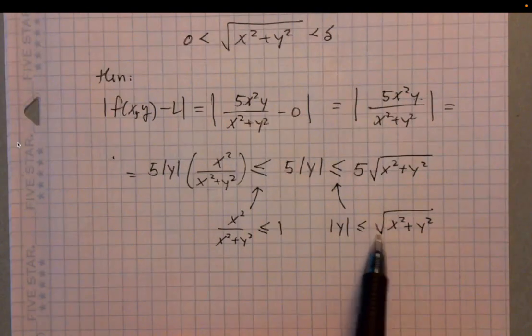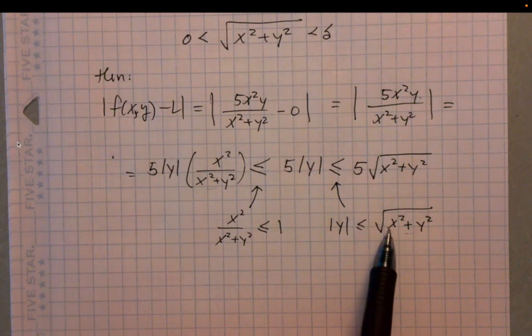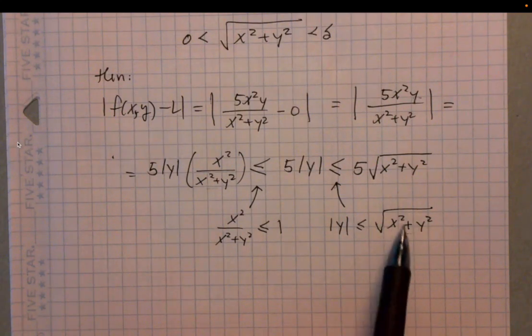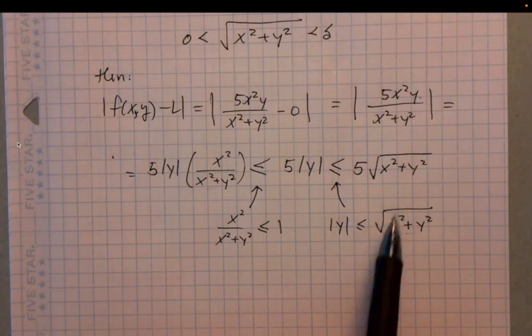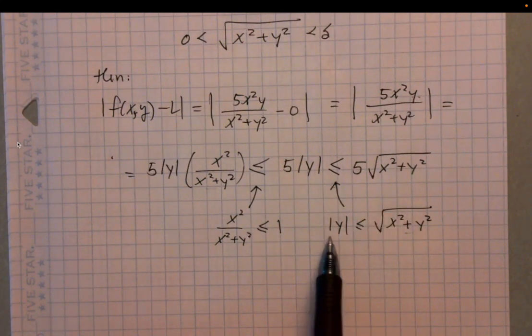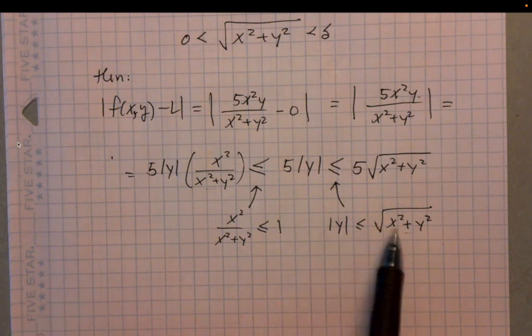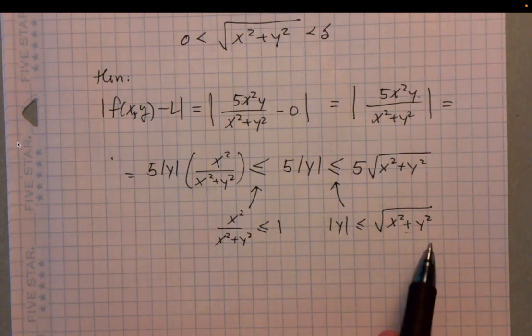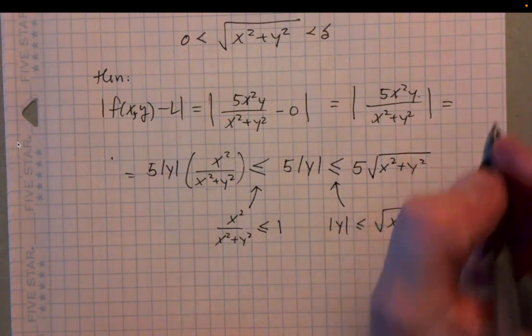If x is 0, then these are equal. But if x is any quantity, positive or negative, then when I square it, it adds to the size of this side. So this piece is less than this piece, or potentially equal if x is 0.